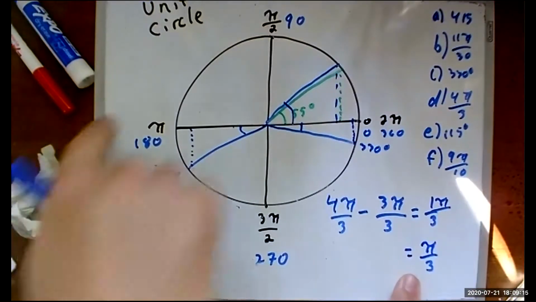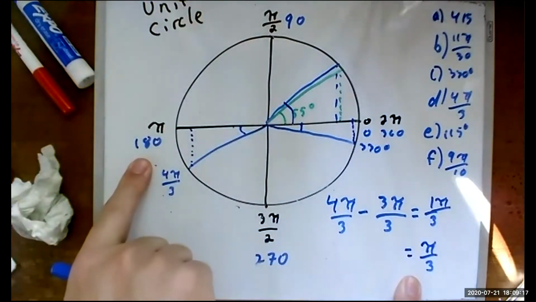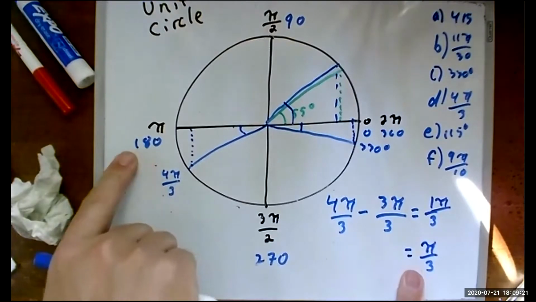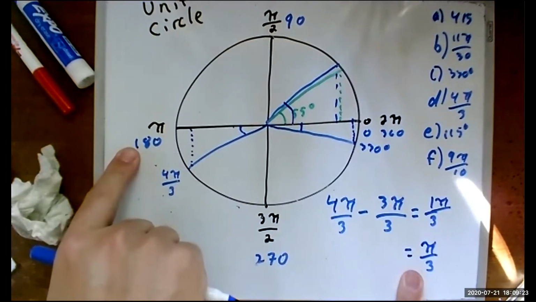Pi over 3, looking at this really quickly, if I take pi and divide it by 3, I could also make that the same as saying 180 degrees divided by 3.